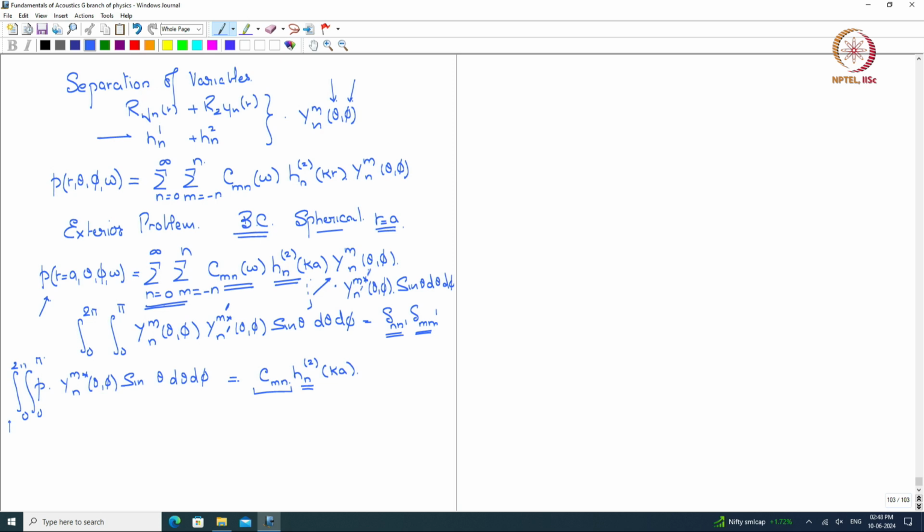So if I now call this entity my Pmn of A, this thing evaluated at A theta phi omega and using the orthogonality relation, this entire term is called Pmn of A. So then my Cmn is equal to Pmn of A by Hn of Ka.